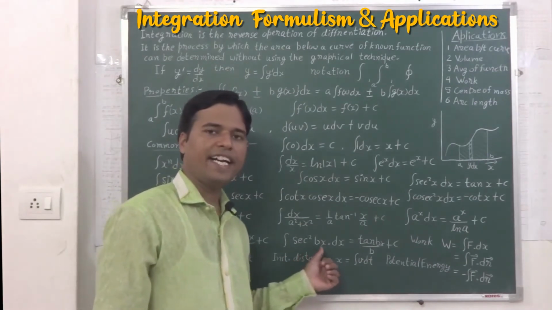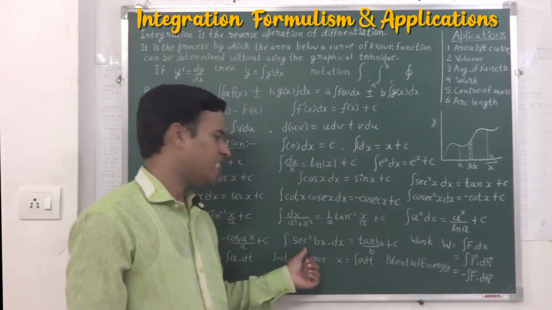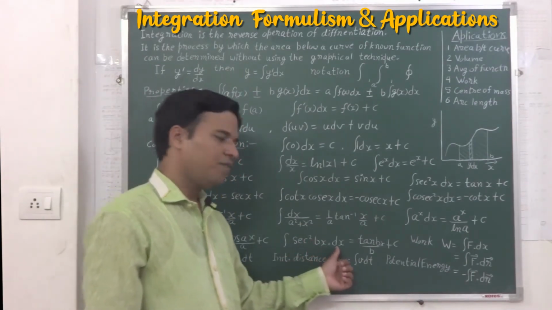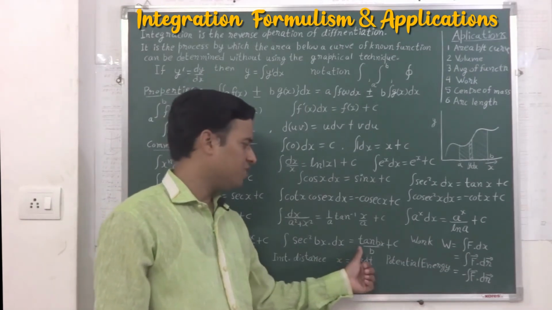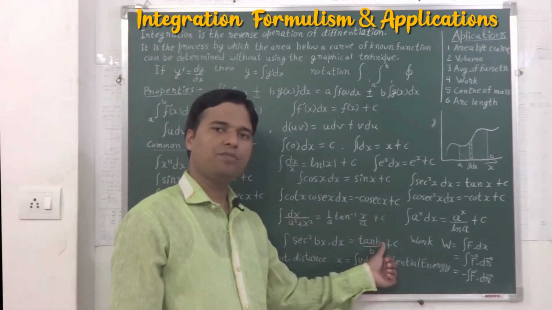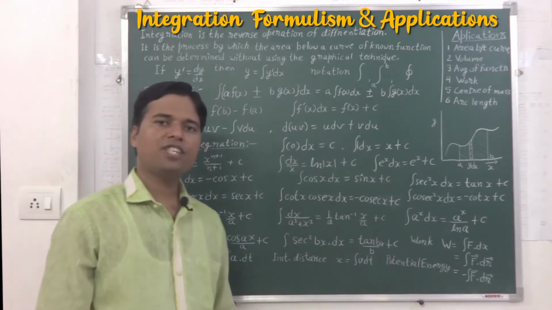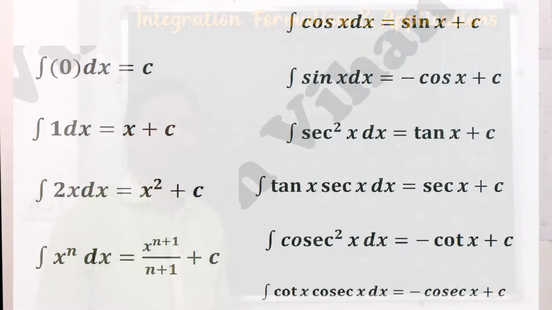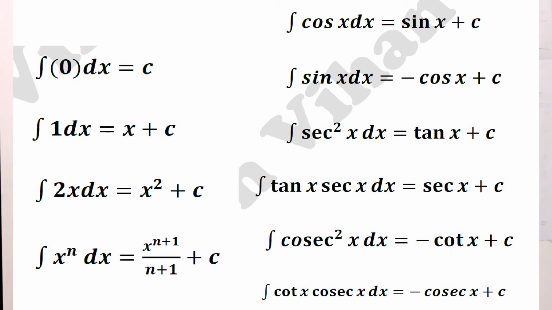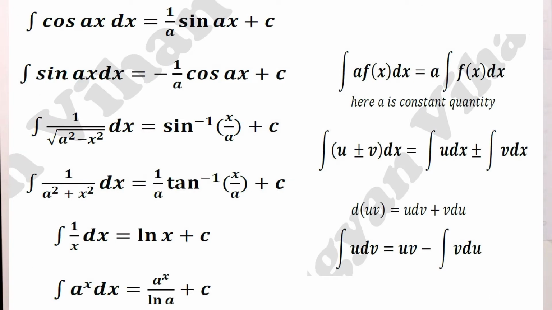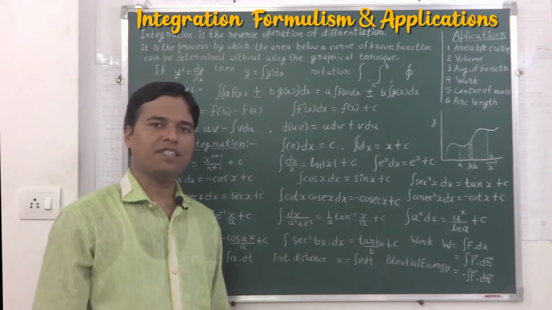If you want to get the integral of sec square bx with respect to dx, then you would get tan of bx upon b plus c. Dear students, I suggest you all to please pause this video and write down all these formulas in your notebook for your further reference and practice purpose.